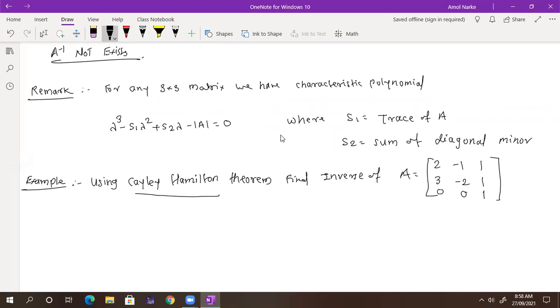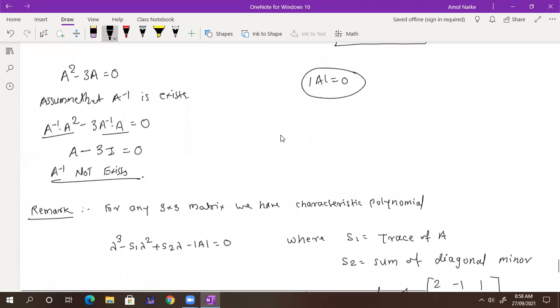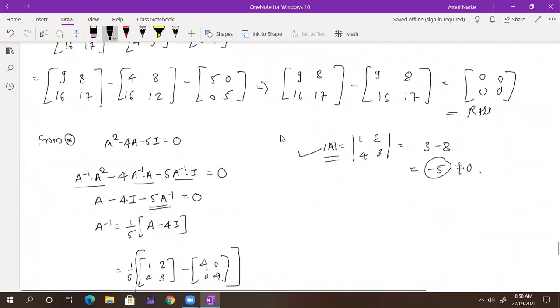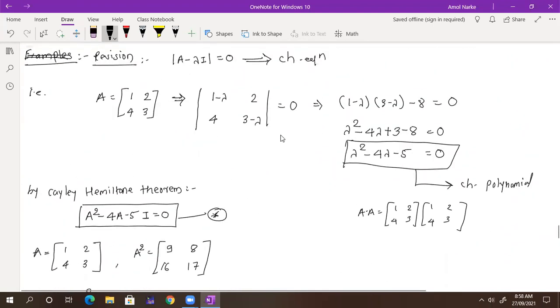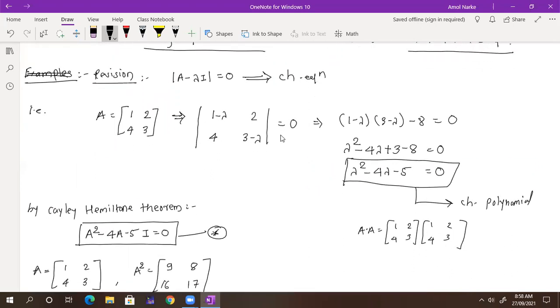You can find out this for 2 by 2 also. What happened for 2 by 2? See here, let's take an example. We have characteristic polynomial and everything here for this matrix. So for 2 by 2 matrix, the same formula will work. It becomes lambda square minus S1 lambda plus determinant of A, which is equal to 0.